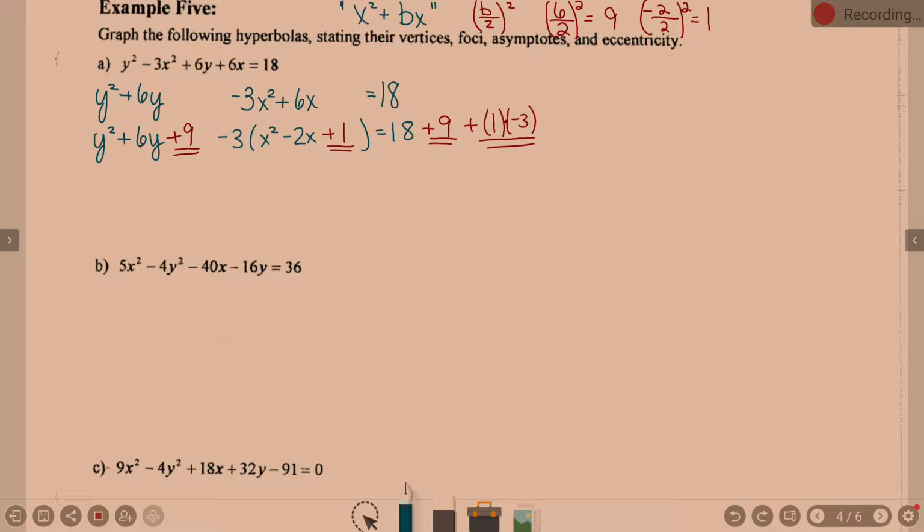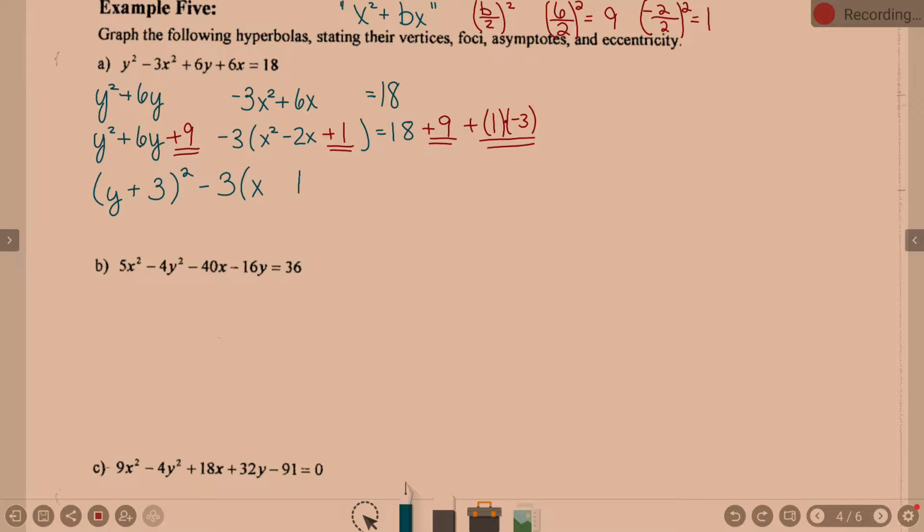Okay, let's factor. Y squared plus 6y plus 9 factors into: square root of y squared is y, square root of 9 is 3, and it was a positive 6. So y plus 3 squared. Minus 3 just carries down. My x's factor into: square root of x squared is x.